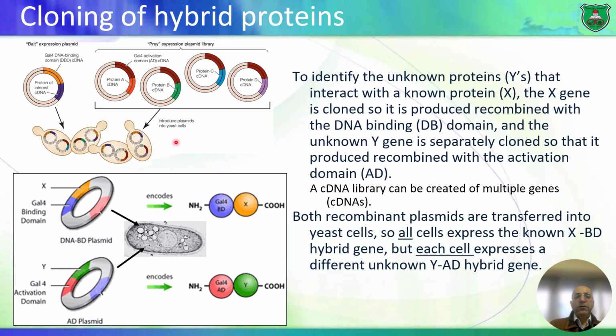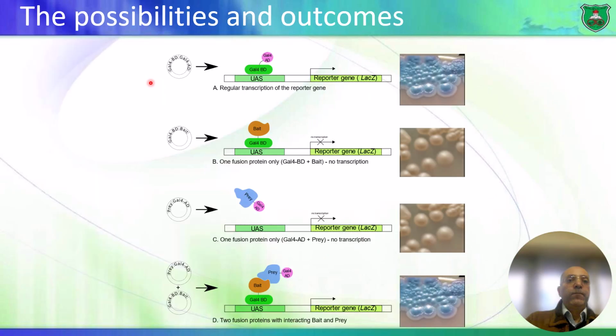So these are the possibilities now. If we have a plasmid that produces the full Gal4 protein, with the binding domain and the activation domain, then LacZ would be expressed. Beta-galactosidase would be produced. And if we add X-gal to these yeast cells, we're going to have a blue colony, right?